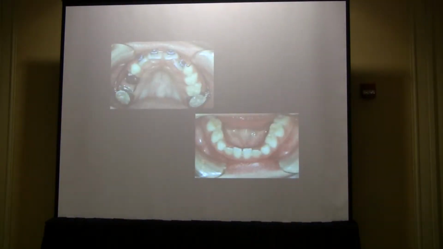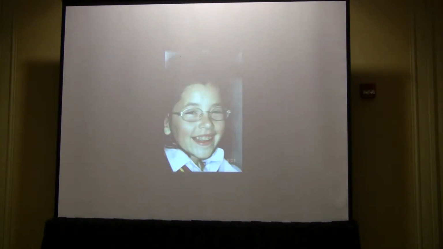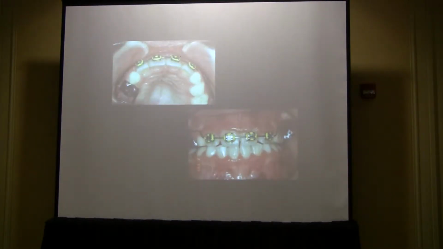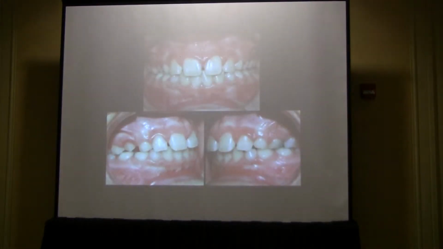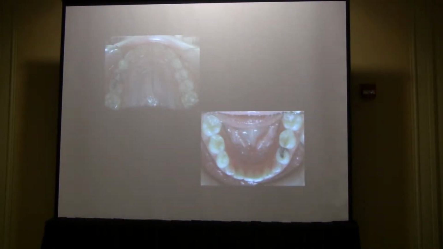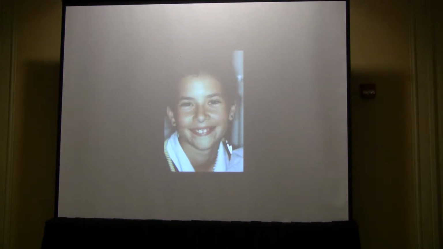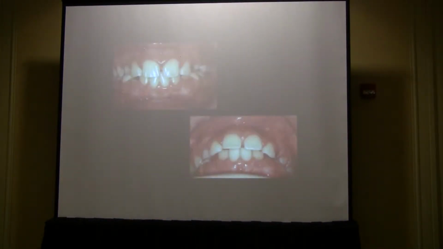The same utility arch. And here, 3 months after, with initial alignment. After this, I did only occlusion development monitoring. Nothing else.